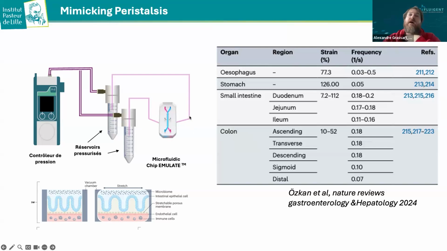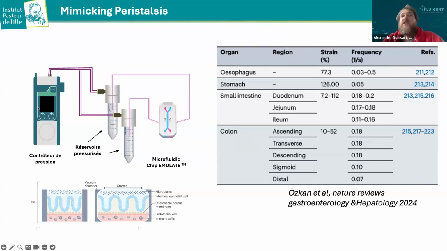Some chips can actually allow you to test these factors. So one of the chips that you can see, that is from one supplier, is composed of these two channels. One is blue, one is pink, and you have on the side two vacuum chambers. And so by applying this pressure or this vacuum, you can compress or stretch your tissue.